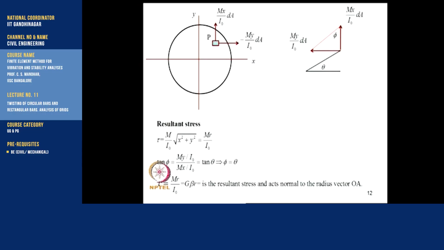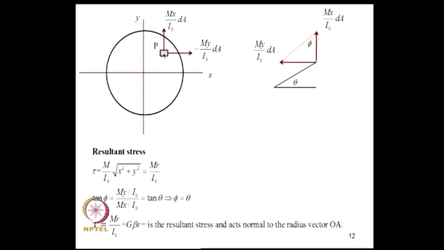We can compute the resultant stress also. This is not crucial for our analysis, but we will complete this. So, at any point P, these are the stresses. Once I find beta, I can find the stresses in terms of I naught and M. So, these are the forces acting on this element, and the resultant tau is M by I naught times square root of x square plus y square, which is M r by I naught.